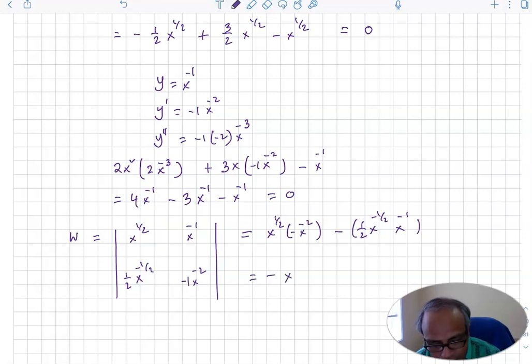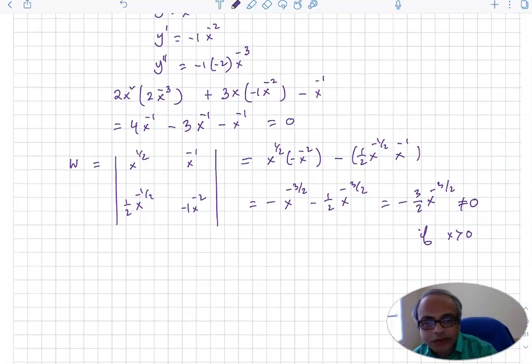So negative x to the power negative 3 over 2, negative half x to the power negative 3 over 2, and then negative 3 over 2 x to the power negative 3 over 2, and this is not equal to 0 if x is greater than 0.